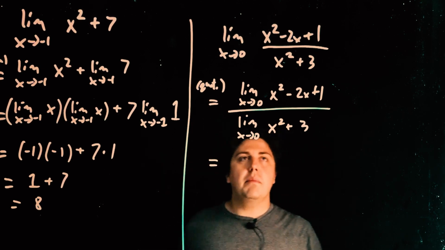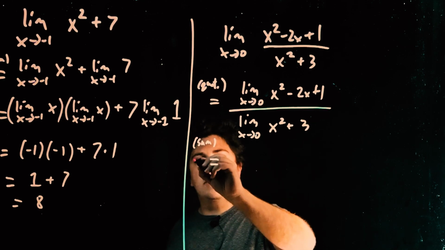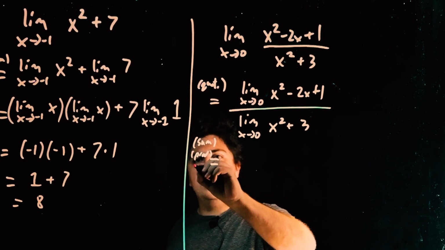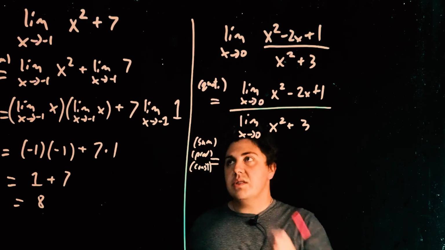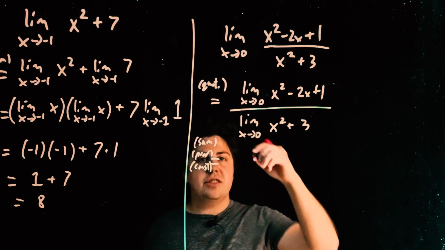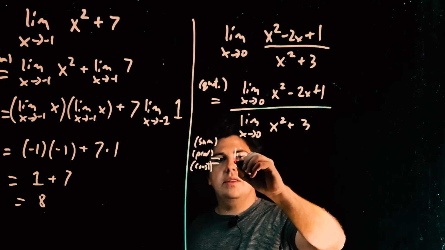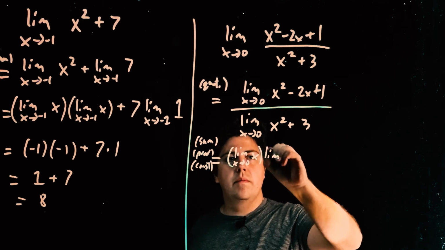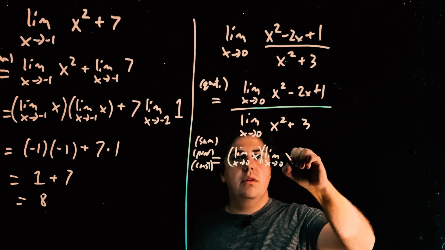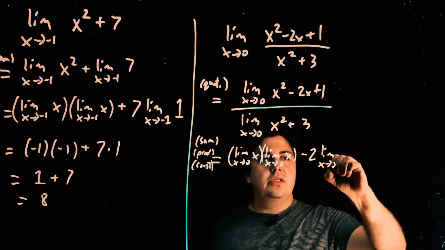So now, using a bunch of limit laws, I'm going to be using sum, product, and constant multiple. We can do the same sort of things we did in the previous example. Because x squared is x times x, the top is the limit as x goes to 0 of x times the limit as x goes to 0 of x, minus 2 times the limit as x goes to 0 of x.